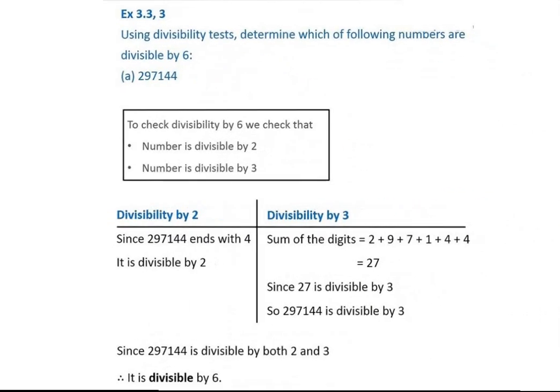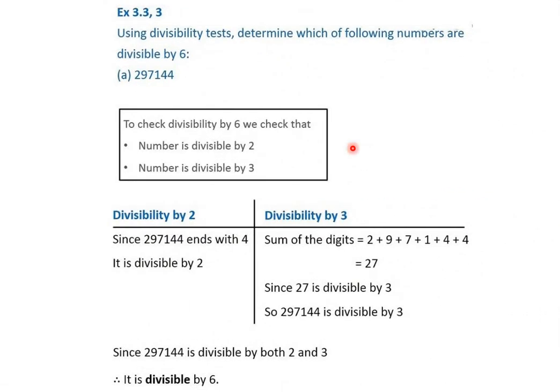Okay, the next question is 3.3's third sum, where we have to check the test of divisibility for 6. For 6 we have to check both if it is divisible by 2 and if it is divisible by 3. For the test of divisibility of 2, the last number must be even. And for 3 we will add the digits of the given number, and if the sum is divisible by 3 we can say that the whole number is divisible.